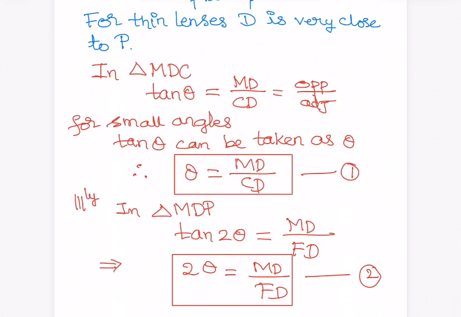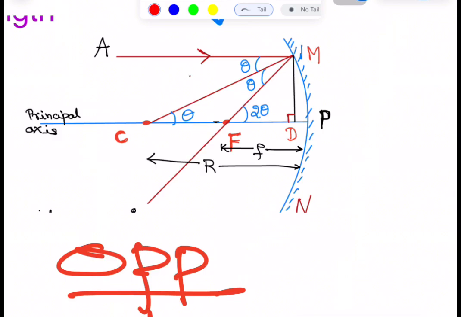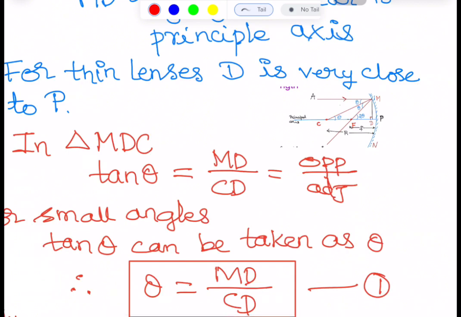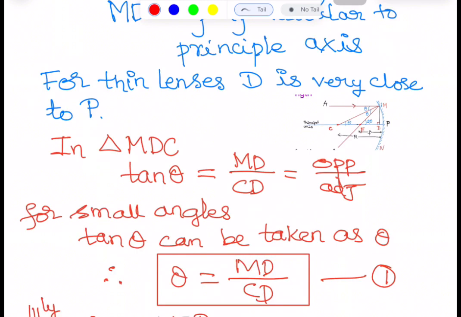In the triangle MDC, by using the diagram, you can just write DC. In the triangle MDC, tan theta is equal to opposite side by adjacent side, MD by CD.